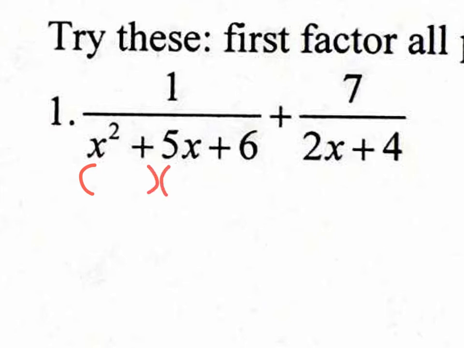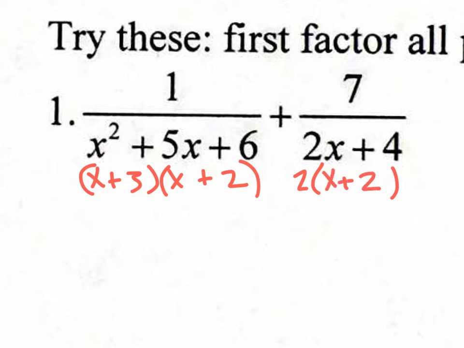Stay with me, guys. X plus 3, x plus 2. What times what is 6? That if you add together is 5. That's a 3 and a 2. What could I factor out of the second fraction? 2. What's left over on the inside?